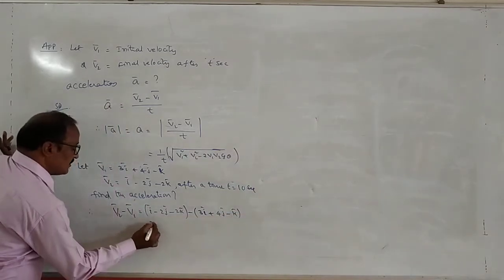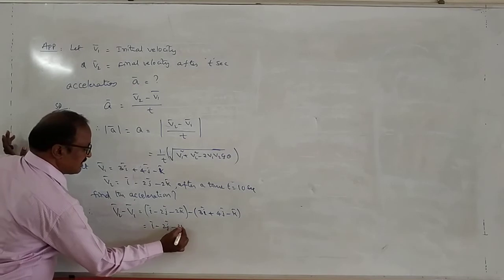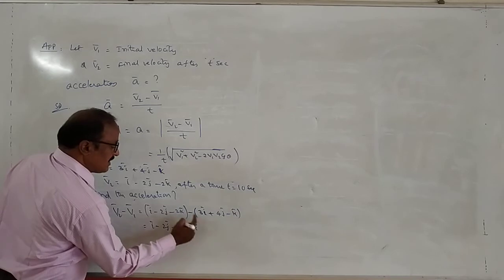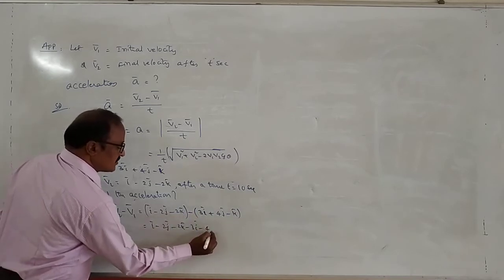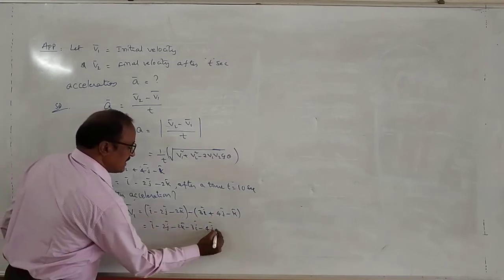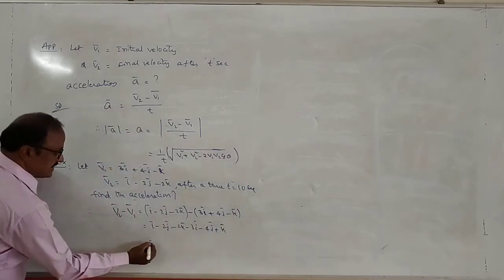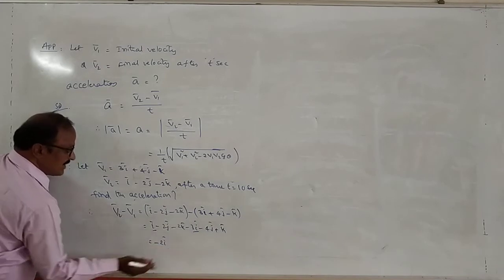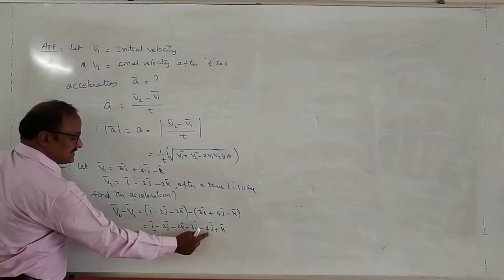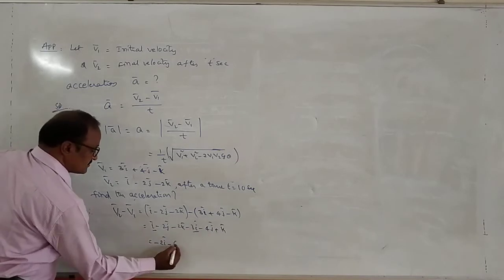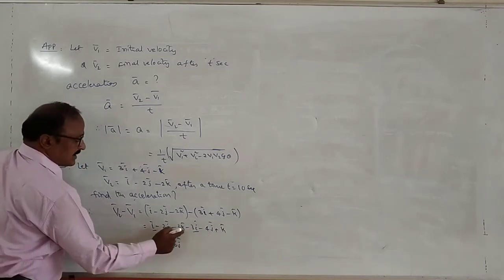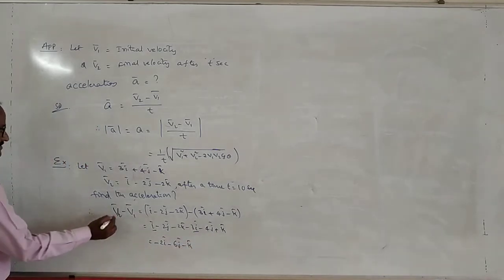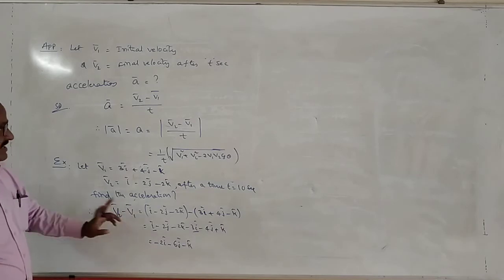So it is i bar minus 3i bar, which means minus 2i bar, minus 2j bar minus 4j bar, minus 6j bar, minus 2k bar plus k bar, minus k bar. This is only the change in velocity.